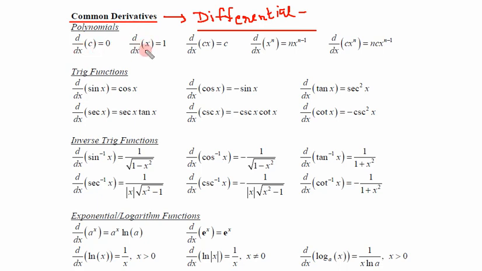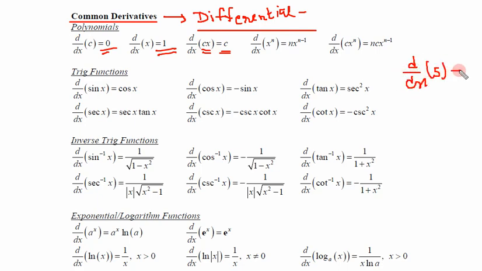Now, if the function y is equal to x, so dx upon dx will be 1. Now third case, what will happen if there is a constant and x is also with that? We will have a constant. Here we can see d upon dx of a constant 5.